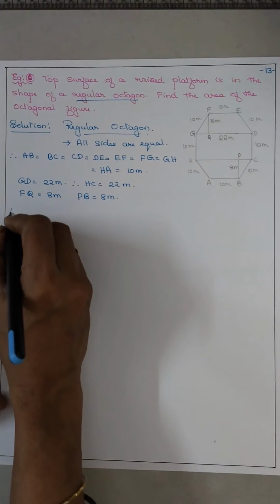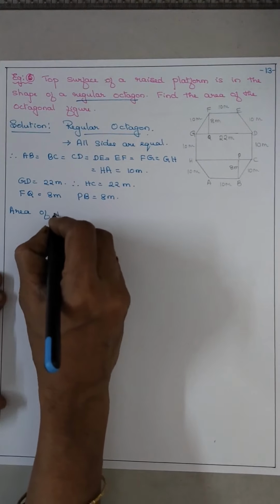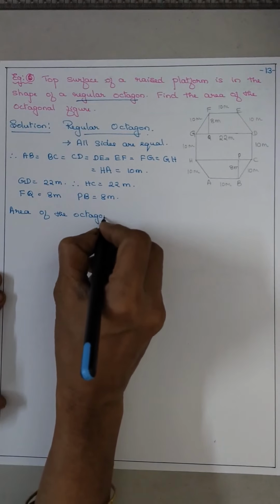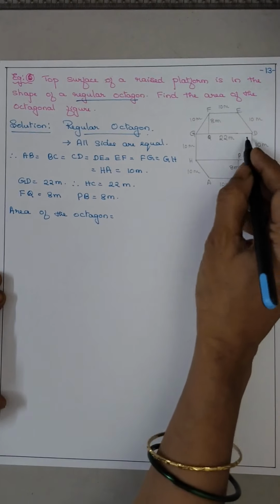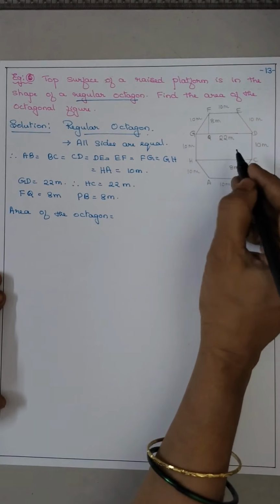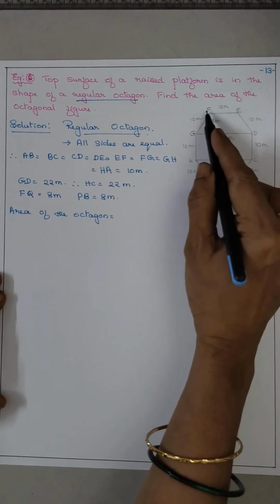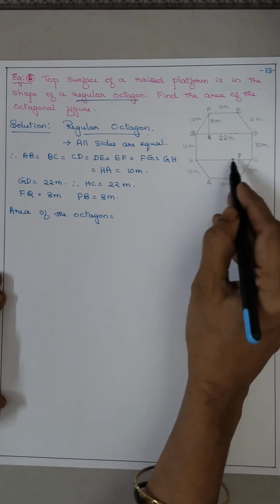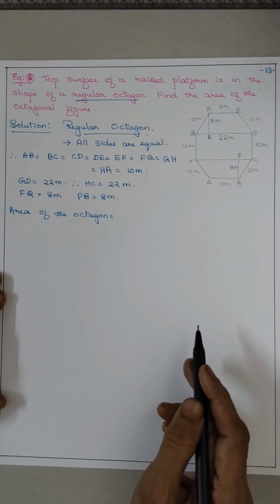Now find out the area of the octagon or the given figure. First, in the center you get a rectangle. Here this figure is a trapezium. Again this is a trapezium, isn't it?